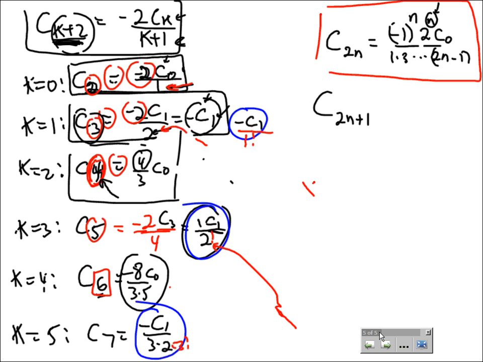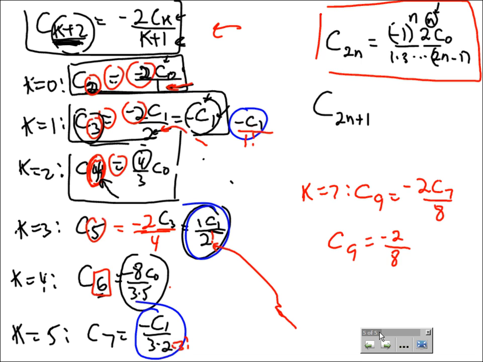Now, if we let k equal 7, then using the rule up here, c sub 7 plus 2 is equal to negative 2c sub 7 over 8. So c sub 9 is negative 2 over 8. Just write it as a quarter.